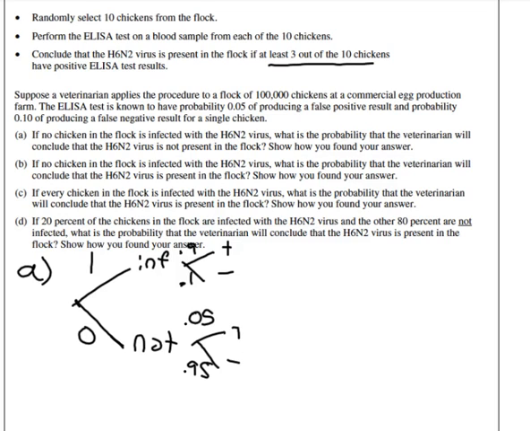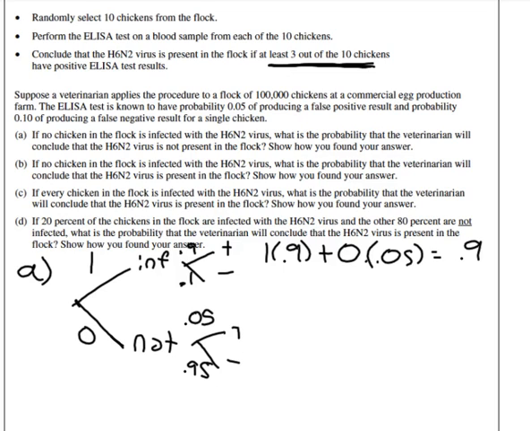Well, this time, if I want to determine the probability of getting a positive result, I have a probability of 0.9, right? If every one of them is infected, I have a probability of 0.9 of getting a positive result, okay? And again, if I take 10 chickens, if at least 3 come back as positive, I will conclude that the virus is present.